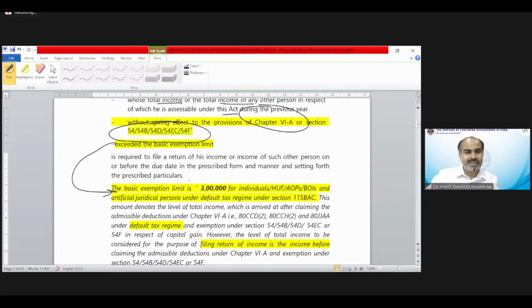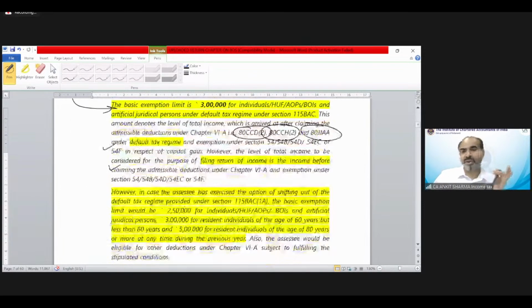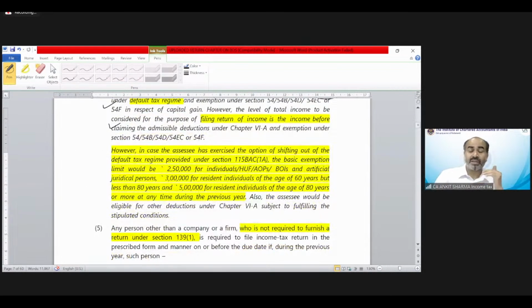For default tax regime, it's 3 lakh rupees, but for default tax regime, only 3 deductions would be added back. For normal tax regime, of course, you have to add back all the deductions and all the exemptions under section 54, which is for capital gain. And for other optional tax regime, the basic exemption limit will be 2.5, 3 or 5 lakh as the case may be.